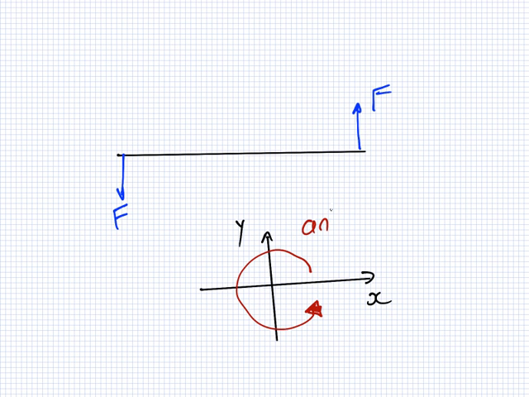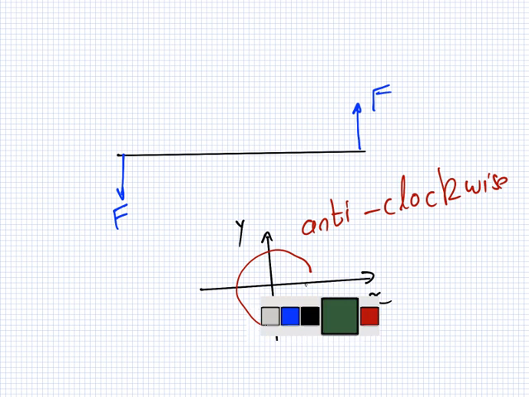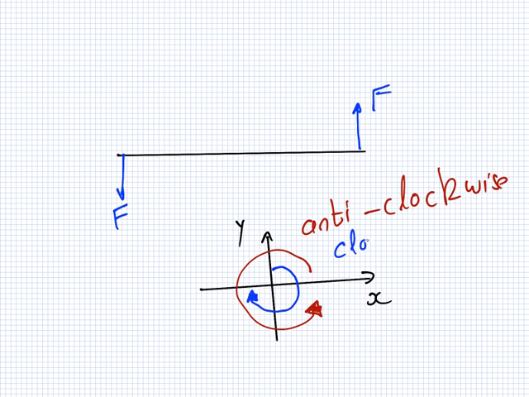Very good. Anti-clockwise. And so, of course, this one running the other way, that one's called clockwise. So in this example here, if I take this as the turning point, is this clockwise or anti-clockwise?